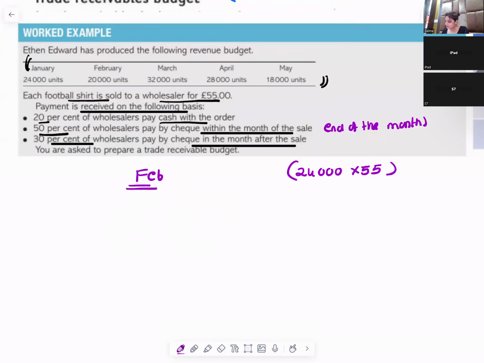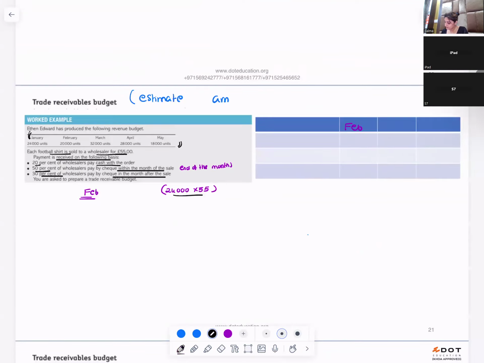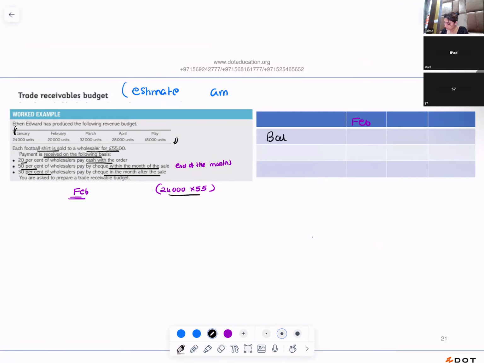So the balance brought down would be how much? 396. 24,000 into 55 into 30% is 396,000.